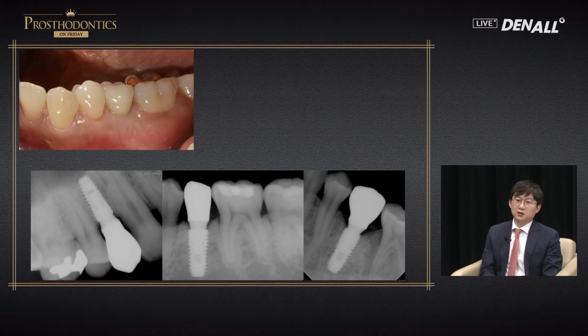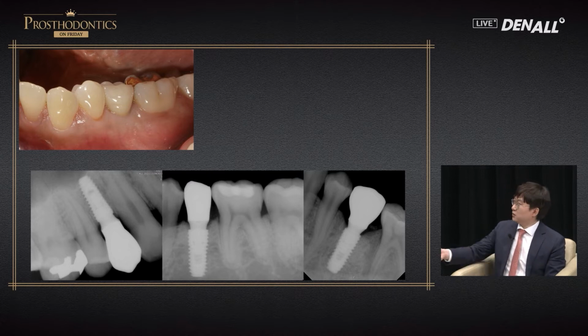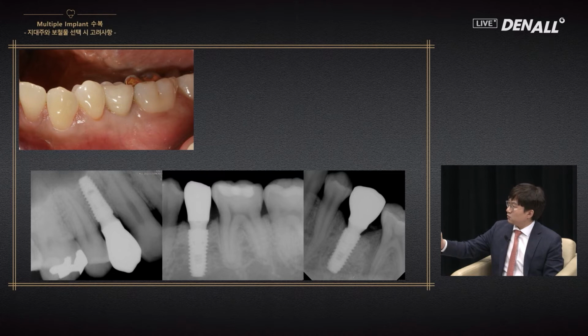So a big diameter abutment is not necessary, especially in the premolar area. 4.5 millimeter when the gingiva height is 2 millimeters. Clinically, in most cases, there's no problem. If we use a thinner abutment, it would be better. If you look at this X-ray, here the smallest diameter, 2 millimeter gingiva height, is used.